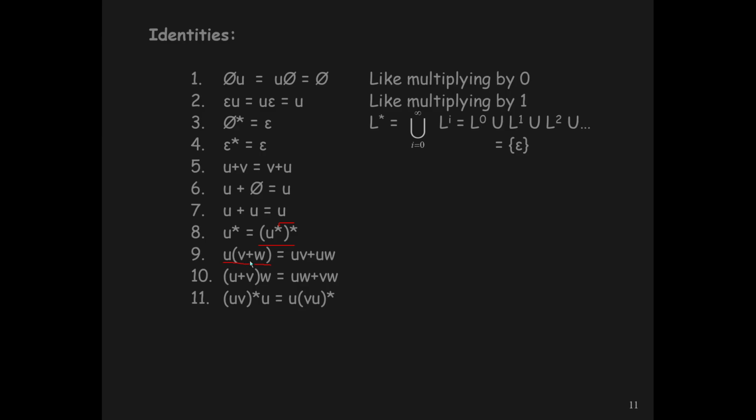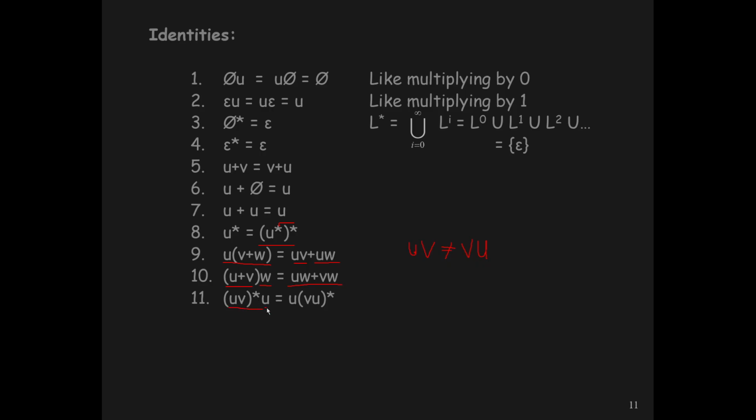So U into V plus W gives you UV plus UW, believe it or not. And if you flip the order, that's also true. But you need to keep in mind that UV is not usually equal to VU, okay? Unless U and V are the same, in which case, yeah, obviously. But otherwise, no, not necessarily.